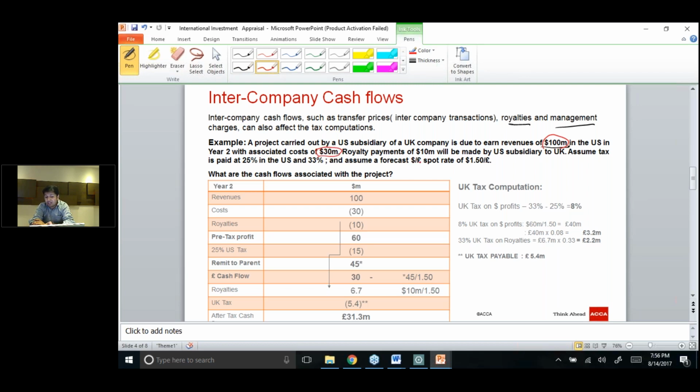A royalty payment of $10 million will be made by the USA subsidiary to the UK. That means the subsidiary is paying $10 million in the shape of a royalty to the UK company.